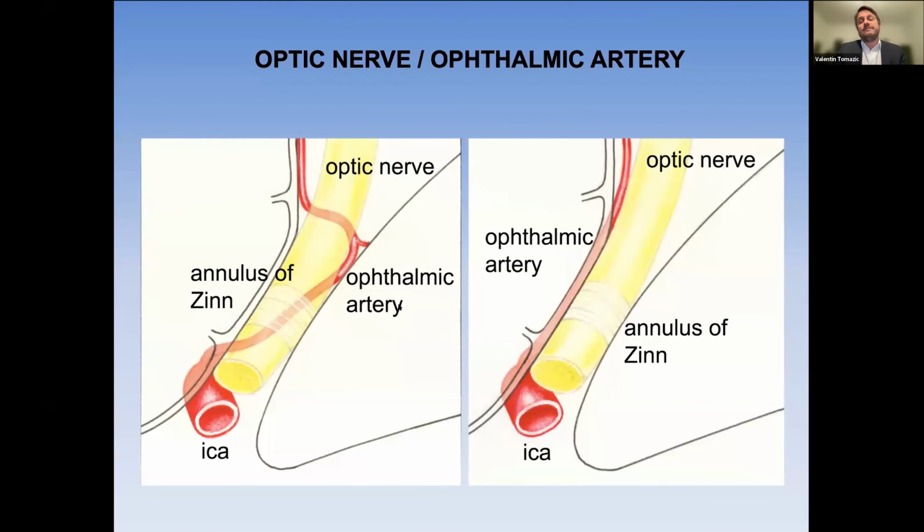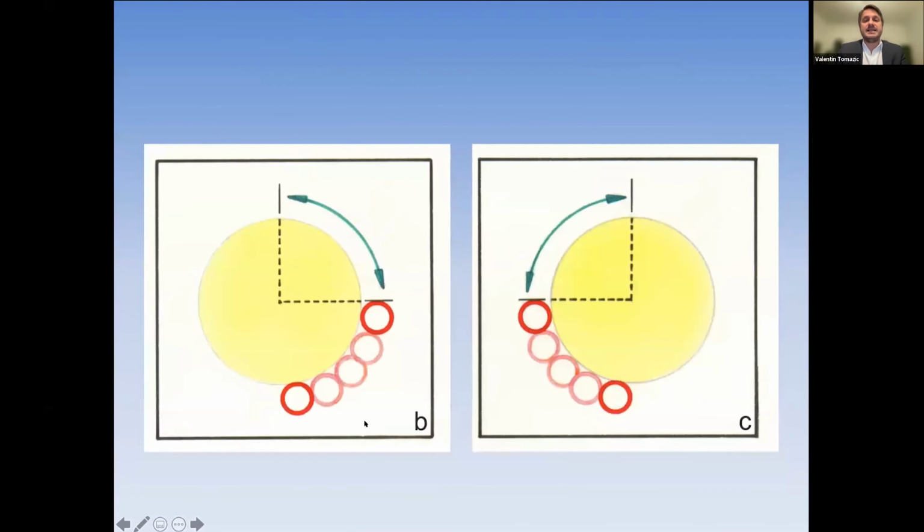Talking about the optic nerve and about optic nerve decompression, which is also a procedure you may want to do, you have to be aware to encounter the ophthalmic artery. And it's very important to know its course alongside the optic nerve, which is basically in a way that it is always running below the equator of the optic nerve. So on the right side, you have it from 3 o'clock to 6 o'clock, and on the left side from 9 o'clock to 6 o'clock.